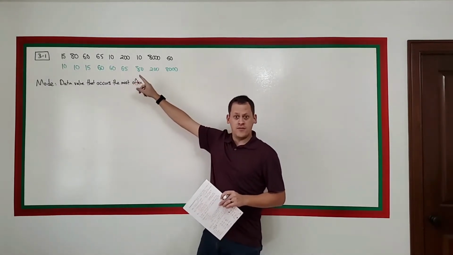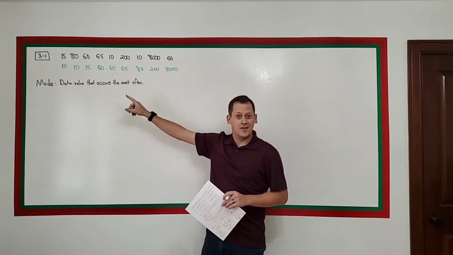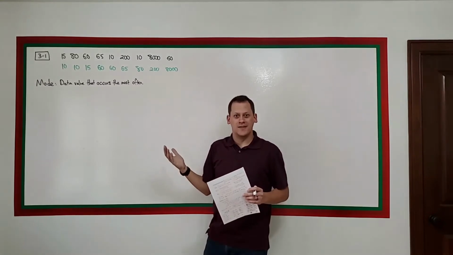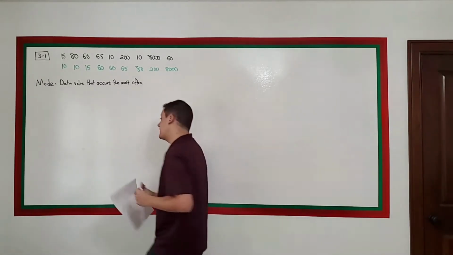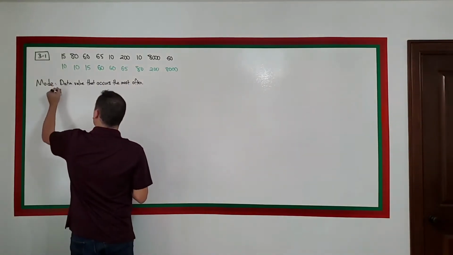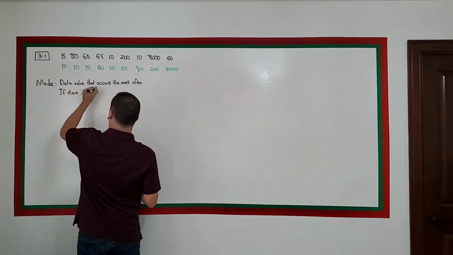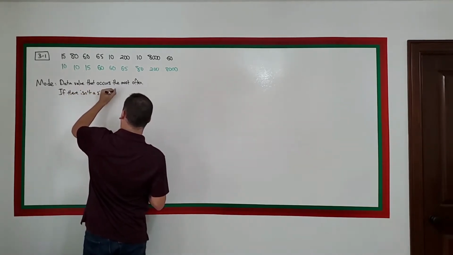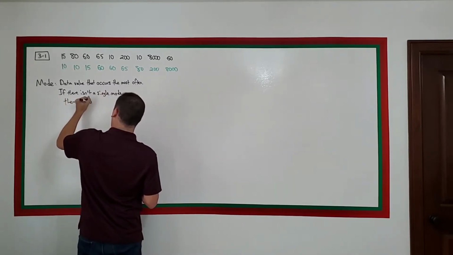Is there a data value that occurs the most often here? No, there's a tie. So what's the mode? This data set doesn't have one. If there isn't a single mode, there is no mode.